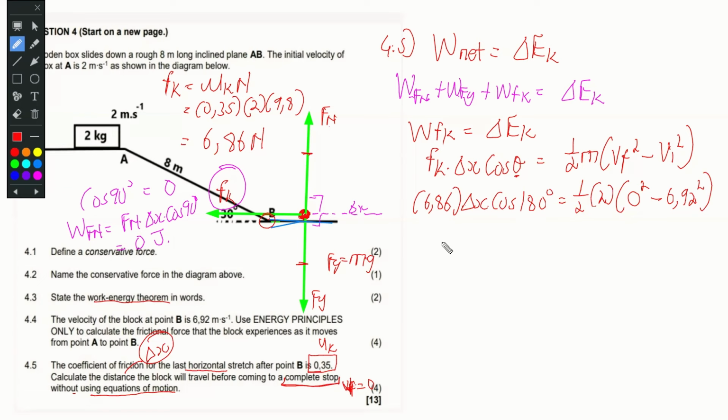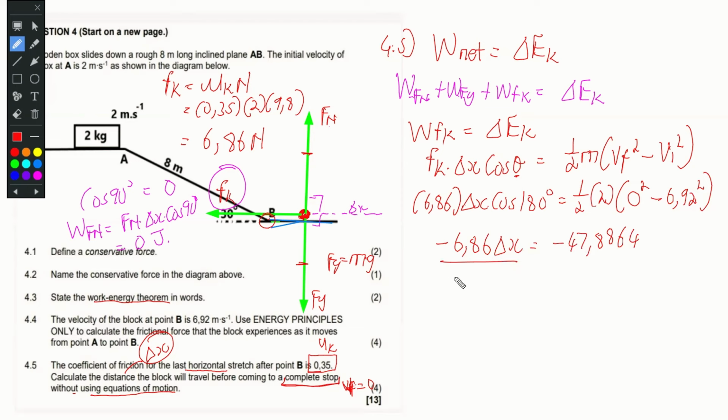So this, if we multiply this, it's going to be negative 6.86 delta x. And then on the right-hand side, 1 over 2, and then 2 here, and then 0 square, minus 6.92, and then square, then close the bracket. Then we are going to have negative 47.8864.